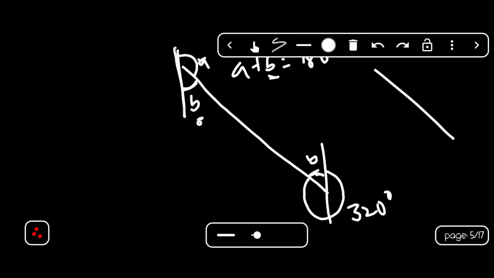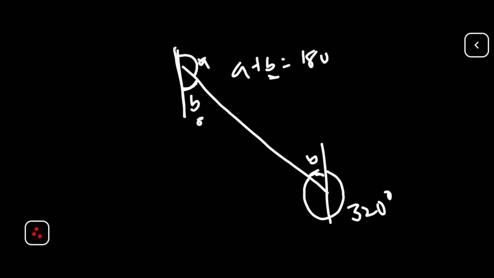Okay, so now that we know that, we're able to complete this angle here, because the angle at the point is 360, which is to add 40 to 320, and we know that it is actually 360 minus 320. That will give us B. So that is 40 degrees.